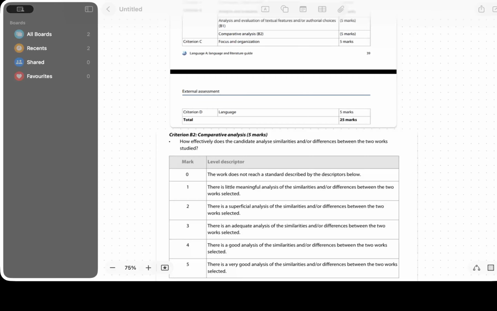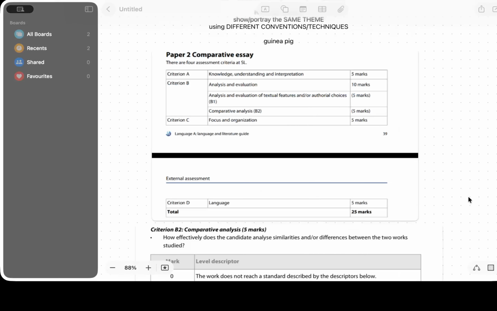Forgive the misspeakings. Anyway, criterion B is broken down into B1 and B2, which are each 5 points. What this does for you is to basically award, even if you do really good analysis, it will award you well. And if you don't do great in your comparative analysis, it won't punish you nearly as much because it will only be out of 5 instead of out of 10.